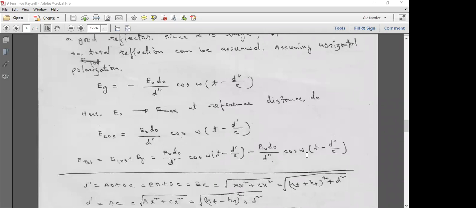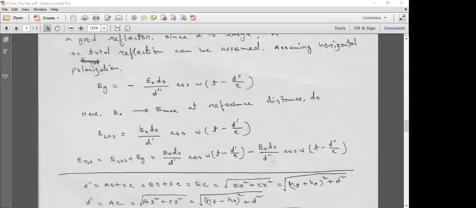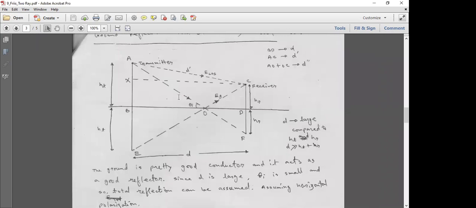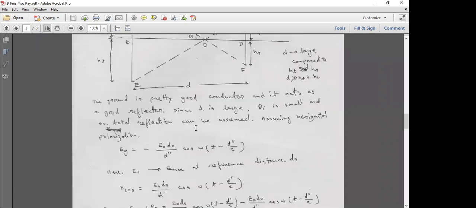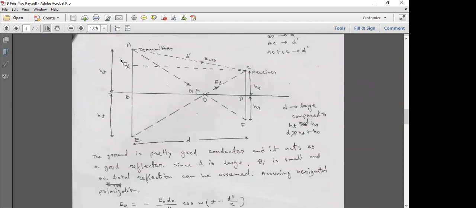Now we'll find out some equivalences, like AO plus OC. This whole thing, or d double prime, we can also show on the image side. This AO and EO will be equal because we have drawn an image here. AB and BE are equal.